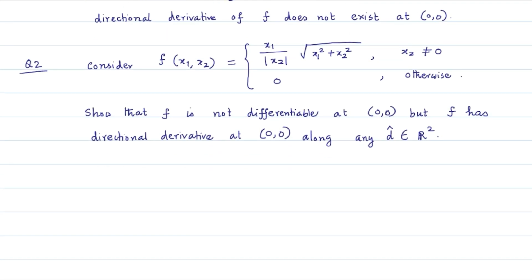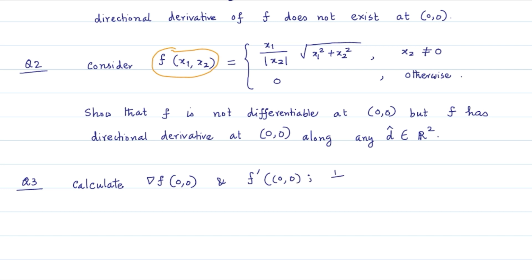The third question is that you consider the function that I have given in question 2 and calculate the gradient vector at (0, 0) and the directional derivative at (0, 0) for the direction (1 by root 2, 1 by root 2).